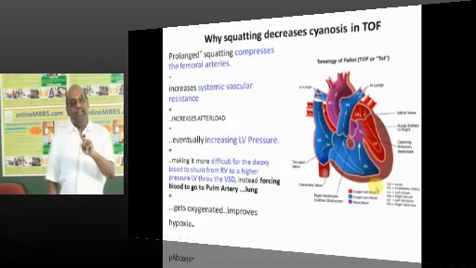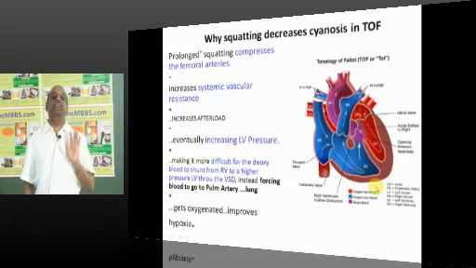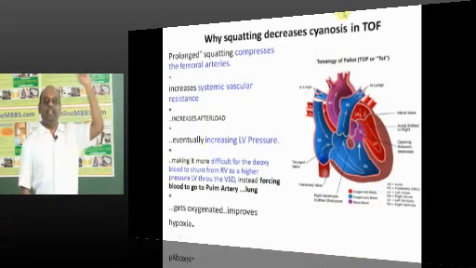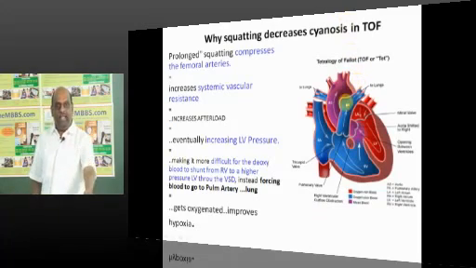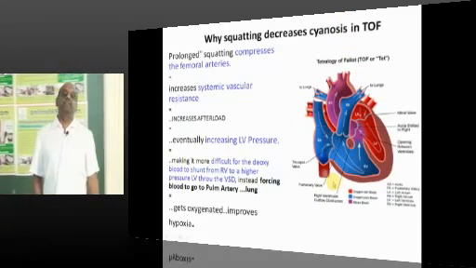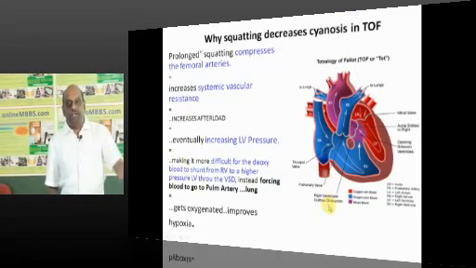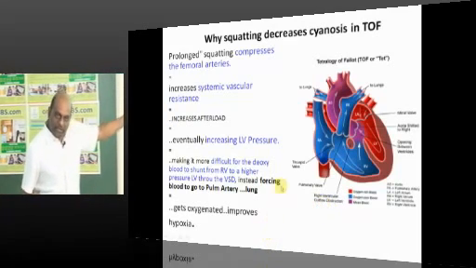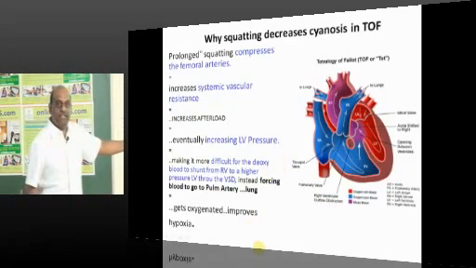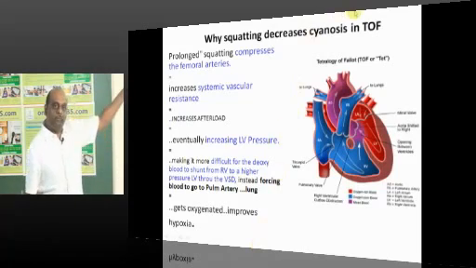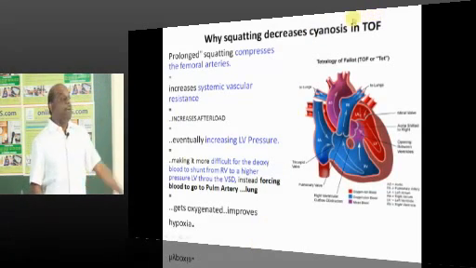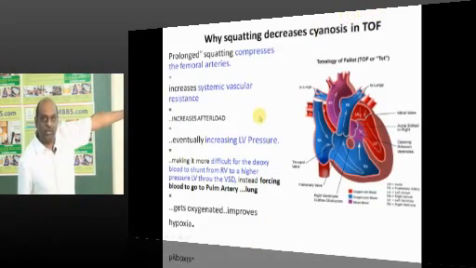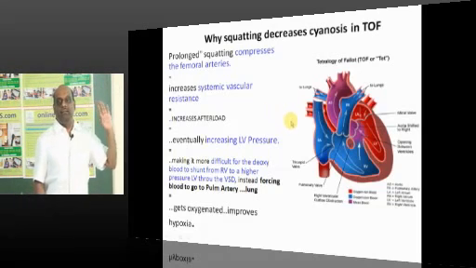So then the right to left shunt will diminish and it will go straight. Squatting relieves cyanosis by decreasing the right to left shunt from the right ventricle into the aorta and increases the right ventricle flow back into the pulmonary artery by increasing the afterload, is what needs to be remembered.